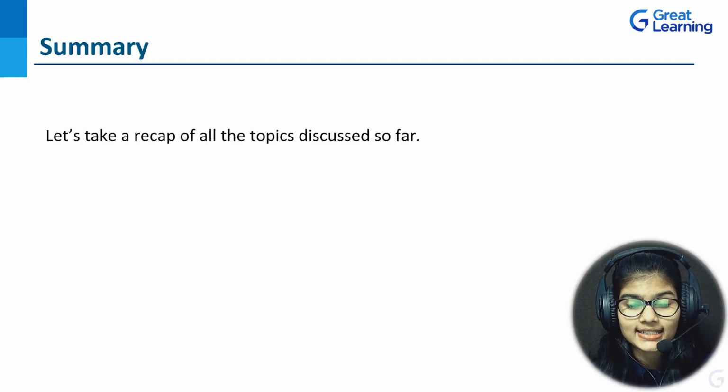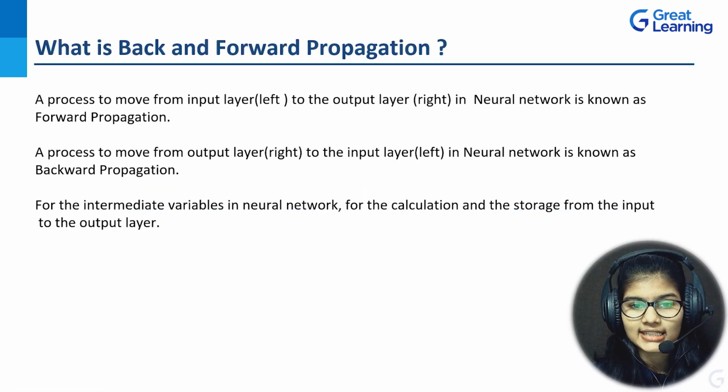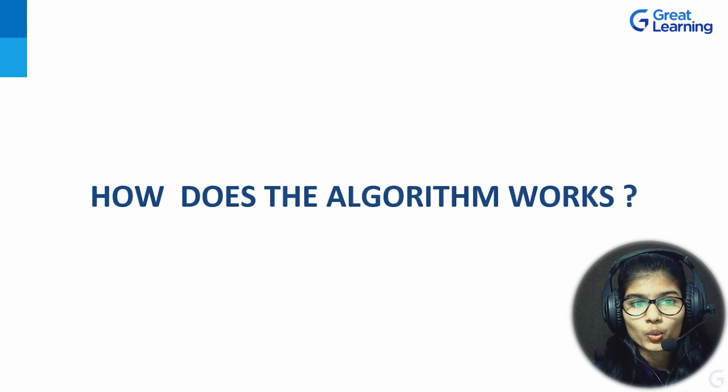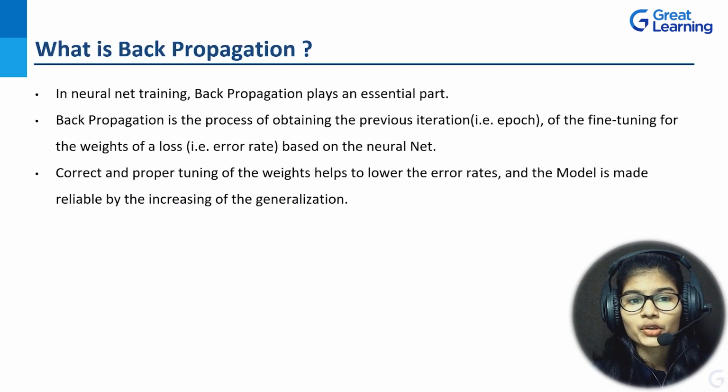Okay, so now it's the summary time. Let's discuss the complete tutorial which we have discussed, a quick recap of all the topics so far. We started out with what is back propagation. Back propagation plays a very essential part in neural network training.